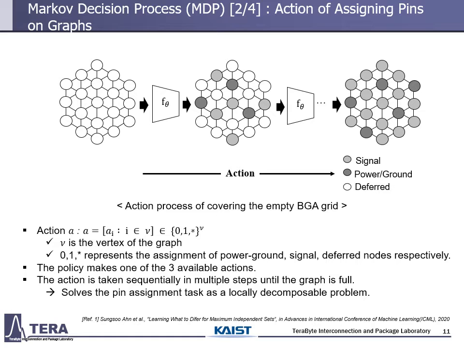And by this, we can solve the pin assignment task as a locally decomposable problem. And this enables us to prioritize easier decisions to be made first, which also simplifies the harder decisions by eliminating the source of uncertainty caused by the undetermined or unassigned neighboring nodes.